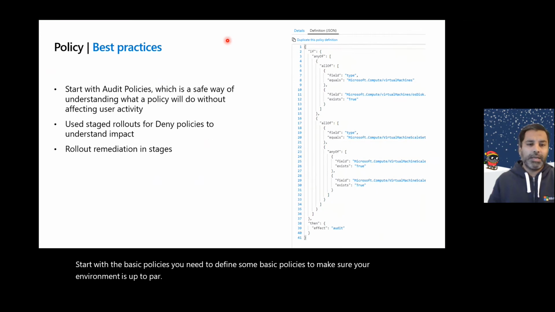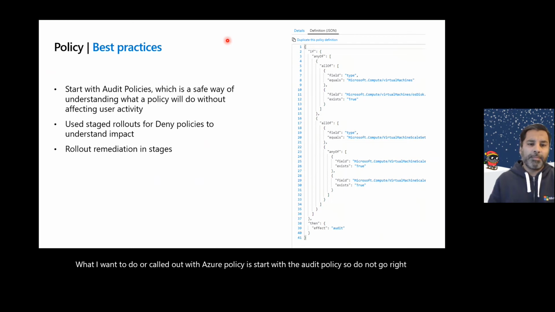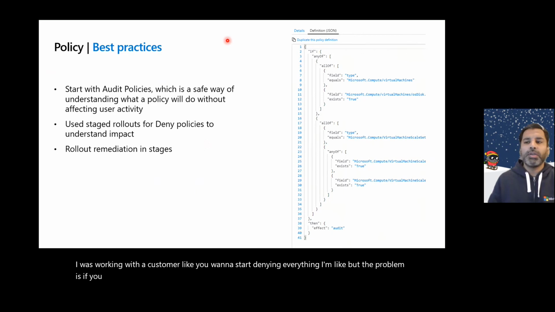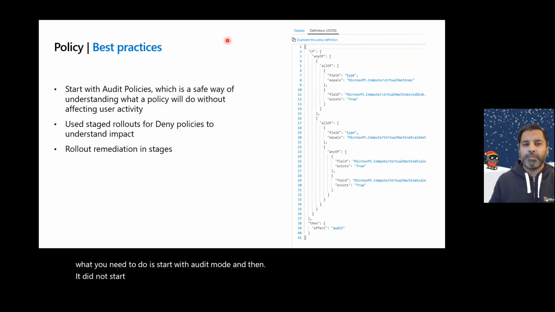What I want to call out with Azure Policy is to start with the audit policy. Do not go right into deny. I was working with a customer who said, we want to start denying everything. I said, yes, but the problem is if you deny everything, you will not know how the policies are being affected. So start with audit mode and then start denying in an iterative process and understand the impact.